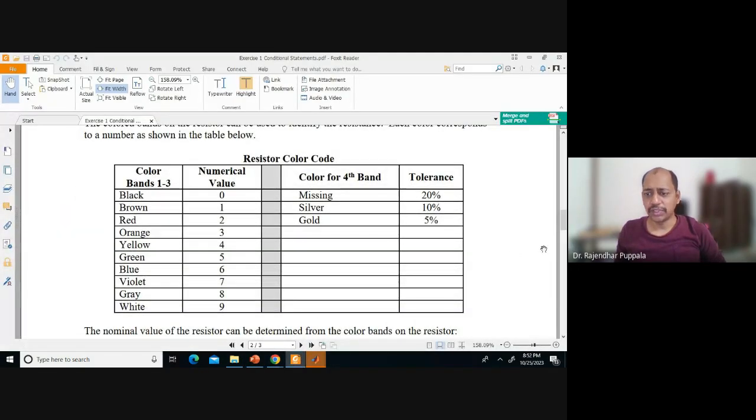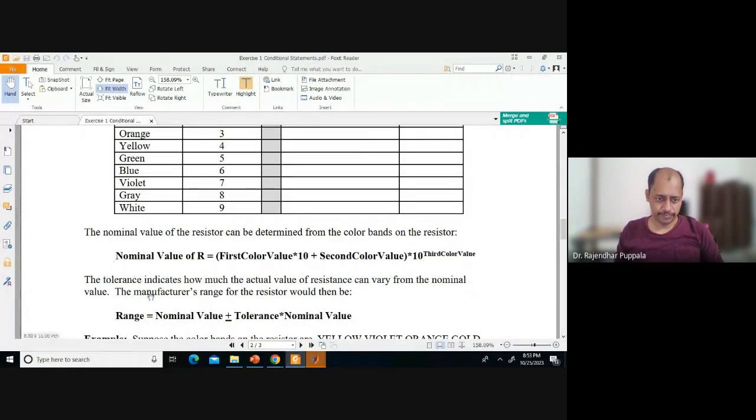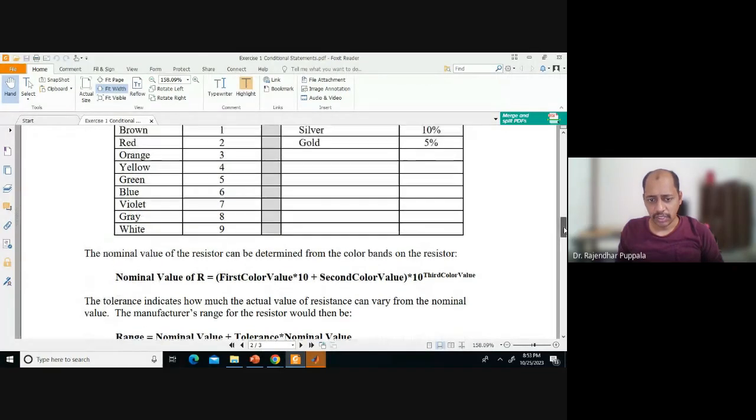So after giving these values, how to calculate the nominal resistance value, right? So this is the formula. Nominal value of resistance is equal to first color value into 10 plus second color value, so we are closing the bracket here, into 10 to the power of third color value.